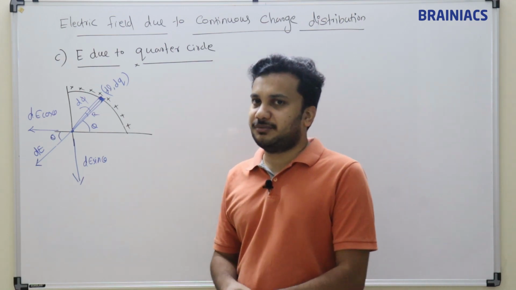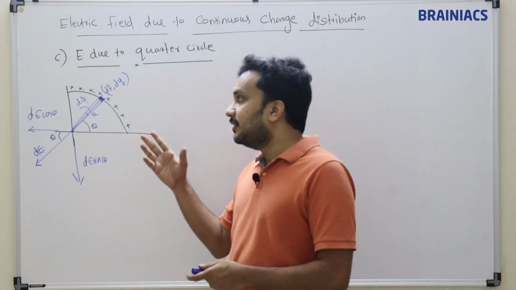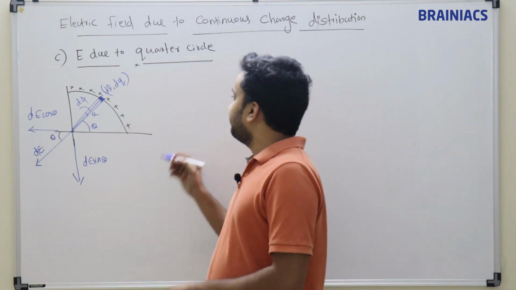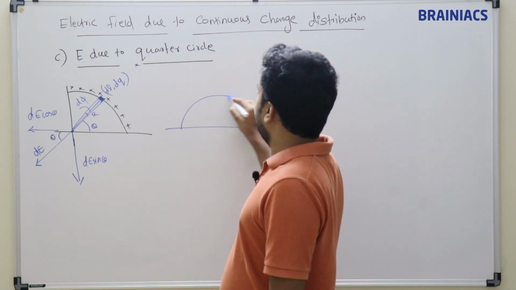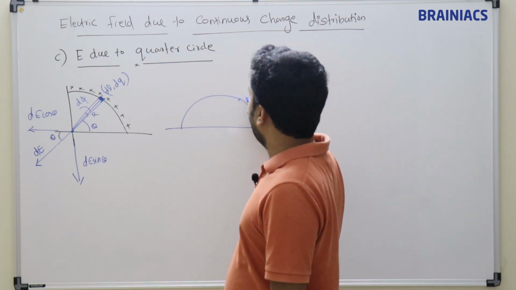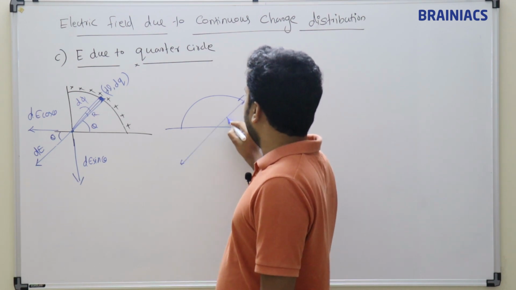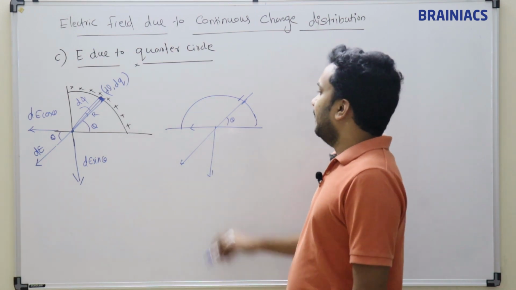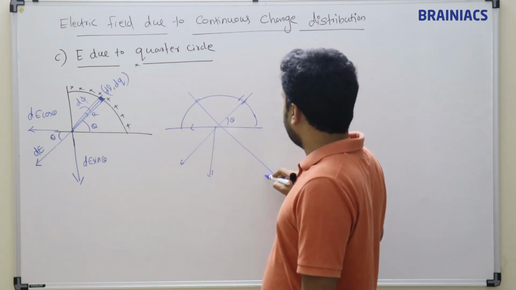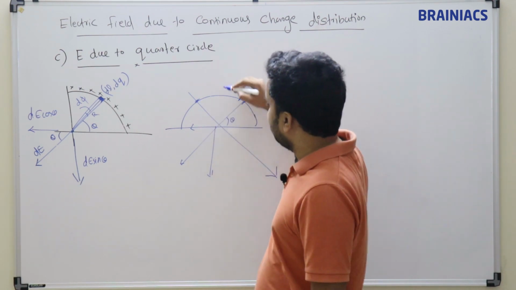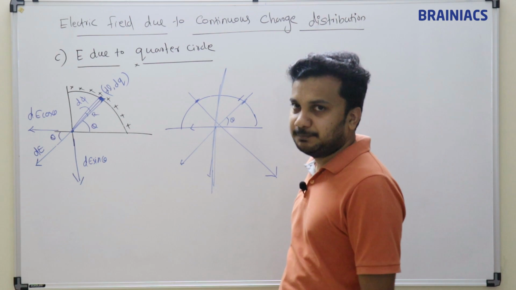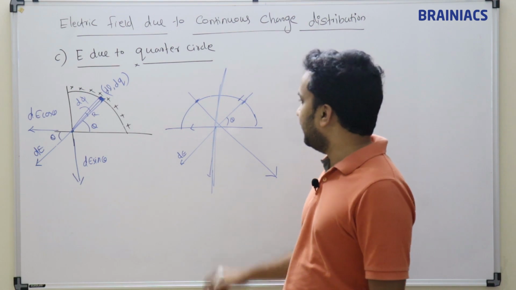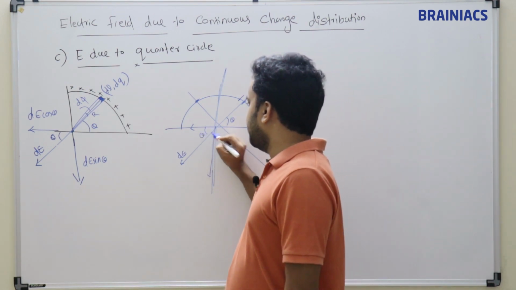But what is the difference between the semicircle and this quarter circle? In the semicircle, we find the electric field due to one current element like this, with this angle theta, and we write cos theta and sin theta. And if we consider another current element exactly opposite to this side, because there is symmetry, this will also consist of dE, and if this angle is theta, then this angle is also theta.